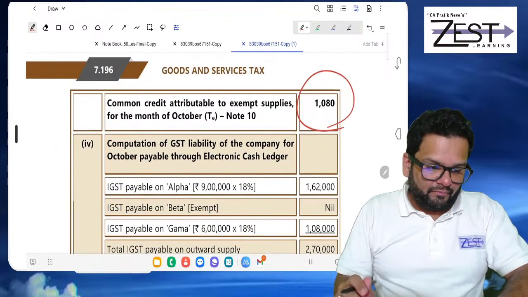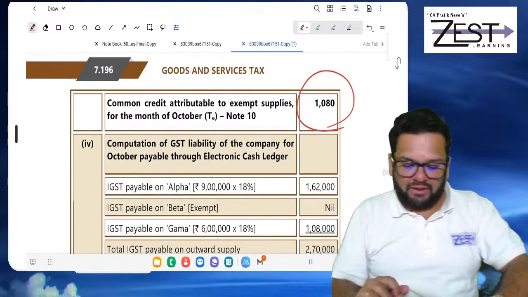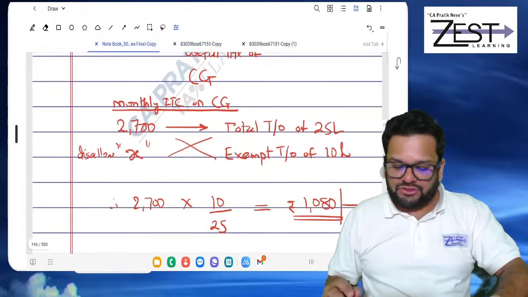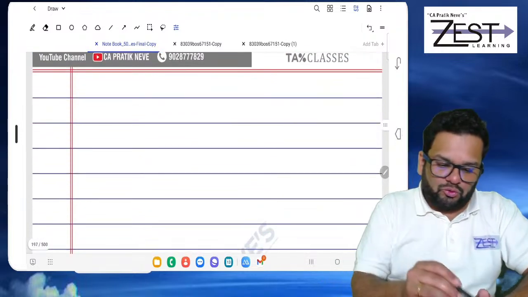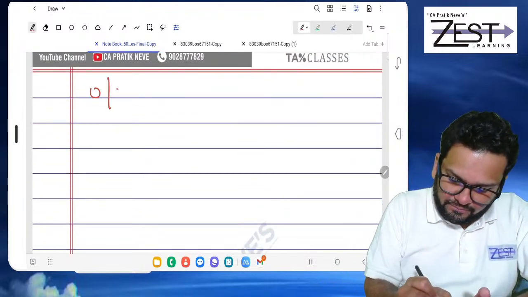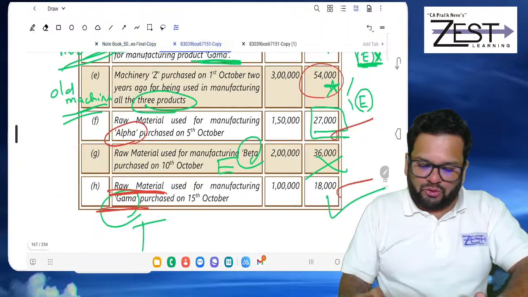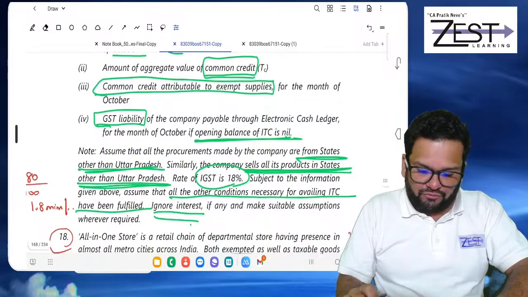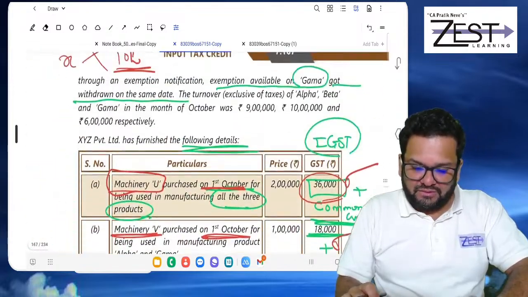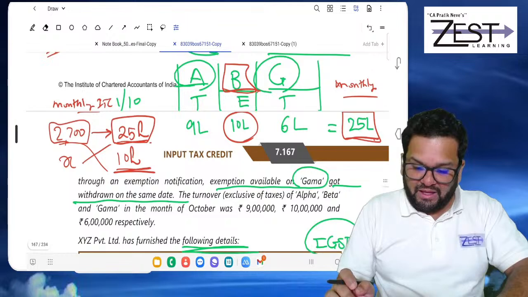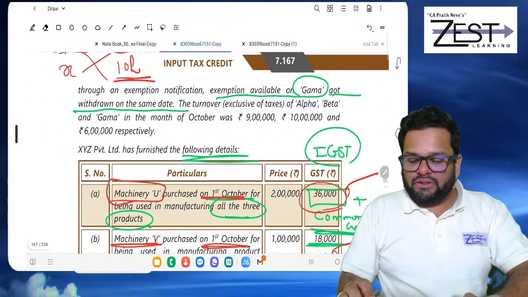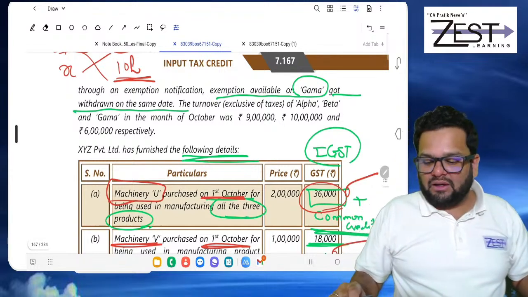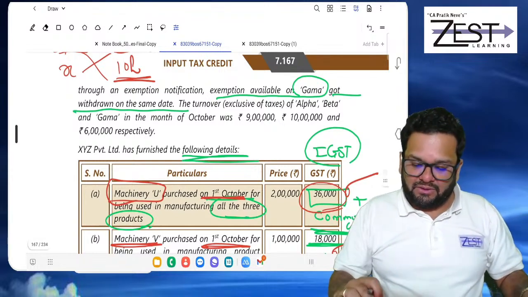So now coming to net GST payable, net GST payable for this month will be this much. What is your output tax for the month? Output tax is very simple to calculate. Wonderful. My pleasure that you have understood this. Turnover exclusive of taxes of alpha, beta and gamma. You know alpha, beta, gamma. Alpha, gamma is taxable. You already know that.